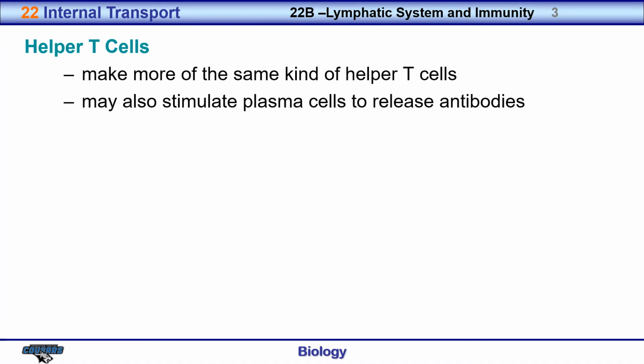And they may also stimulate the plasma cells that we've already talked about before that came from the B cells to release their antibodies. So these helper T cells will stimulate the plasma cells to release their antibodies to help out. And then they'll stimulate other types of T cells that can form.